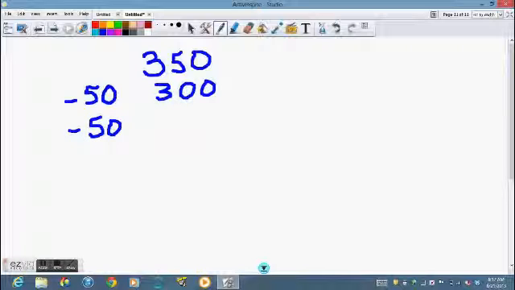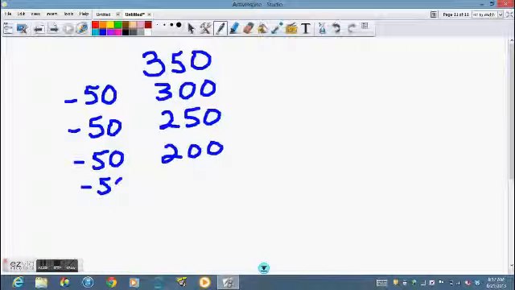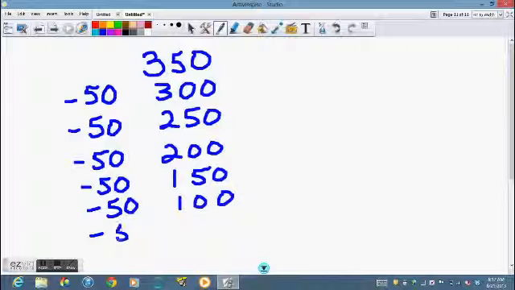So look at the answers that you're getting, and you can see a pattern there. What I want to ask you is, when you look at those numbers, which table do you think of? In other words, this kind of looks like the table of what?